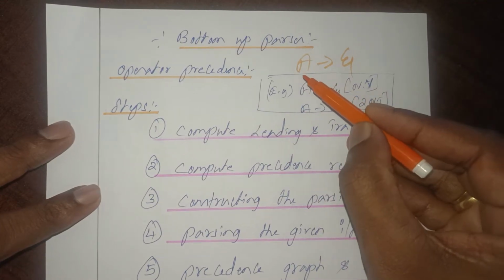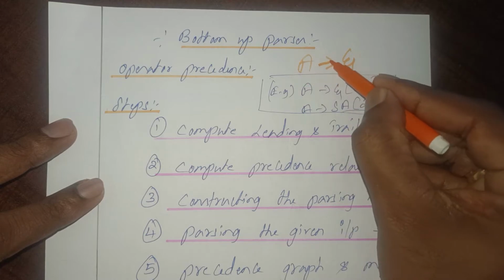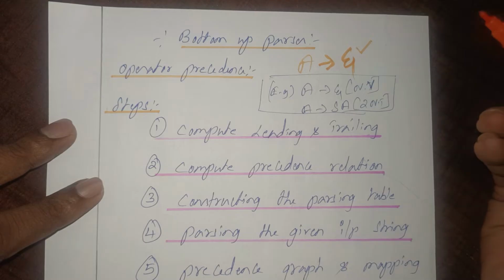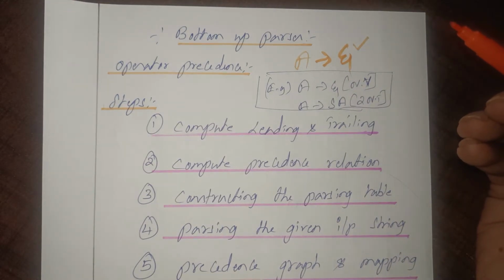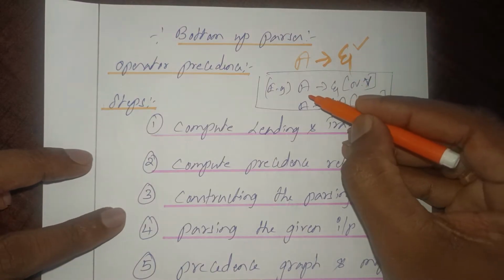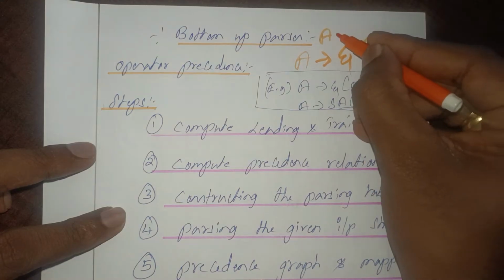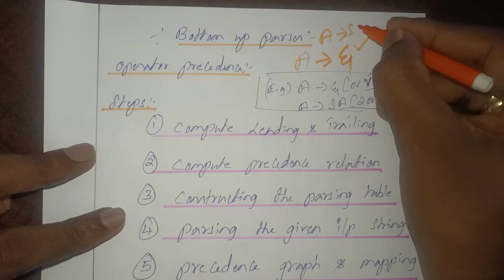For example, a given grammar should not have a non-terminal which is pointing to epsilon. Such a grammar will not have the properties of operator precedence. Second most important part: in any given grammar you should not have non-terminals which are adjacent.